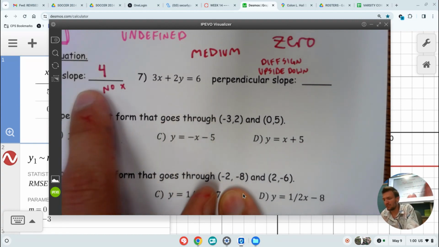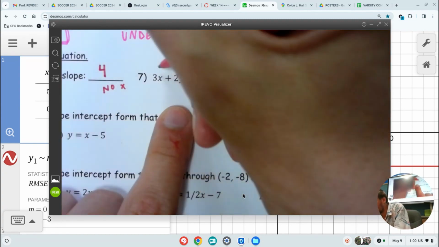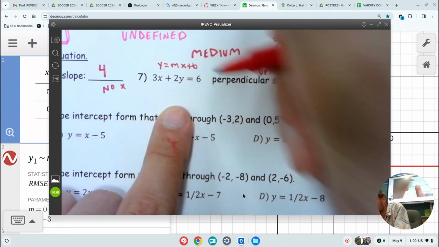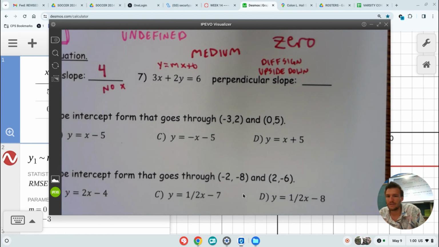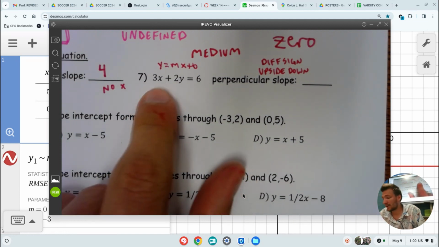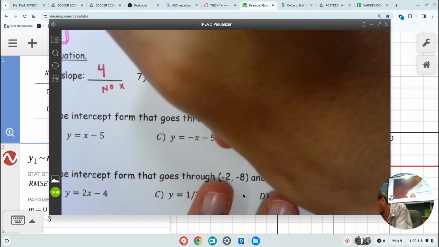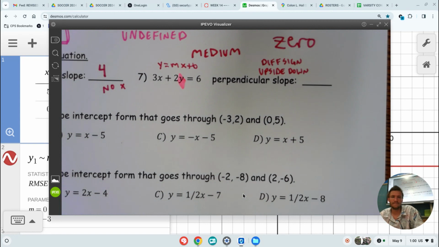If we're going to find the slope, we have to be in y equals mx plus b form, which is called slope-intercept form. And we are not in slope-intercept form. That's what makes this a medium difficulty question. You have this y here, and you need to get it into slope-intercept form.